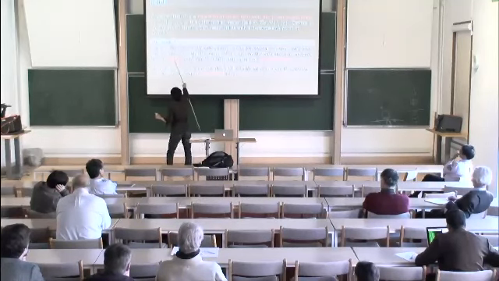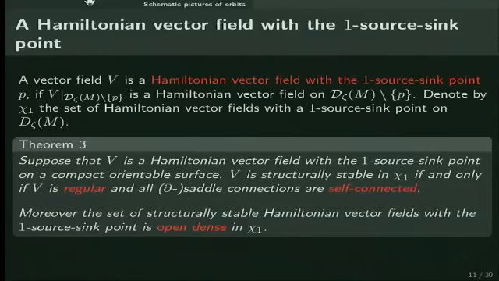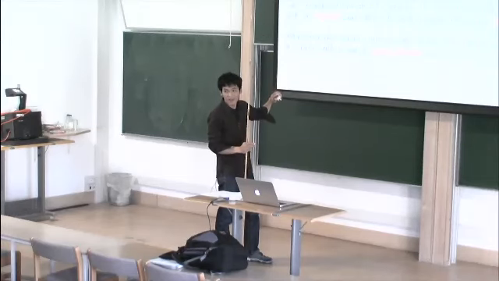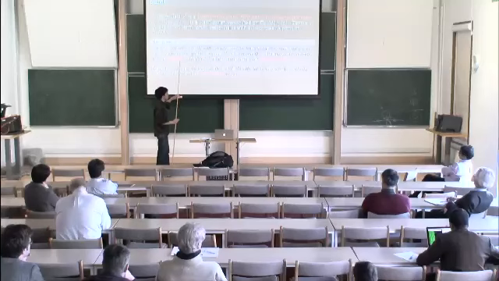We deal with the set of Hamiltonian vector fields with one source sink point, so we can perturb but don't remove the point. So this theory can be shown. It's structurally unstable, but you grabbed hold of it and said it's staying, and therefore consider it structurally stable. Exactly.